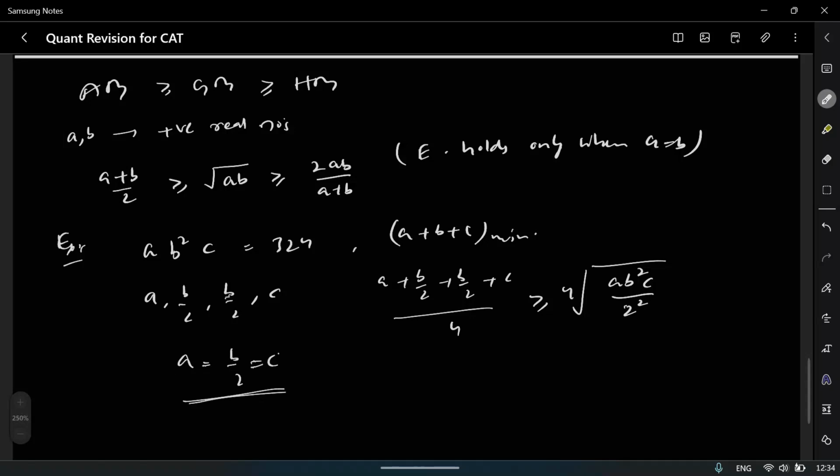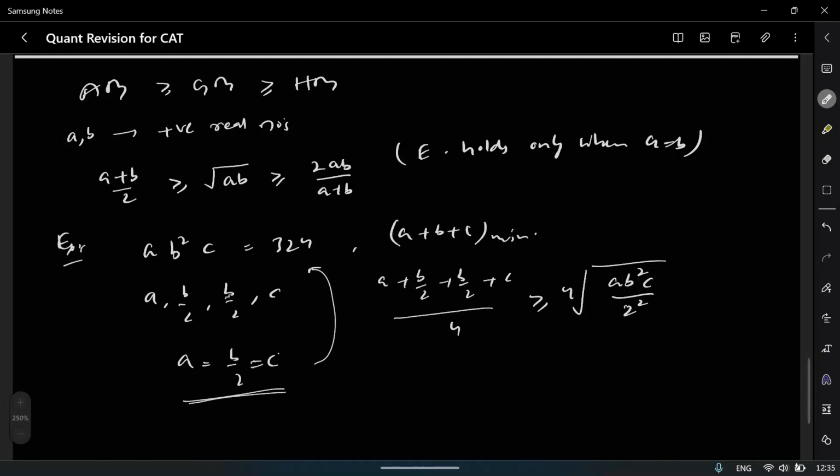Let it equal k, and solve this and this, and we'll get the values of A, B, and C. After getting A, B, and C, just put those values here, and we'll find the minimum value of A plus B plus C. That is how we can simply get it.